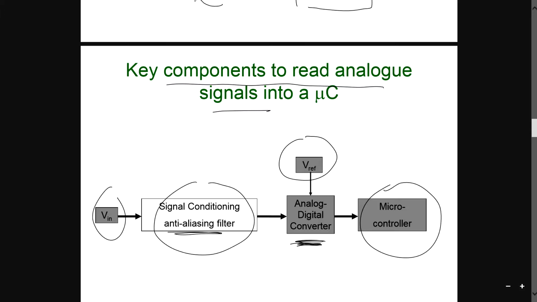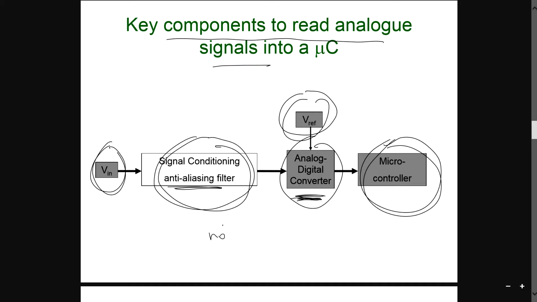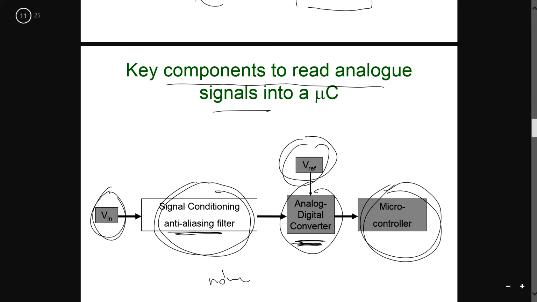Then you go to your microcontroller. So overall, this is how it is seen. You need to understand the V in, your low pass filter, your V reference, your ADC, and your microcontroller. In between you may have some noises, I don't know where they are coming from, but at least you need to understand all this.